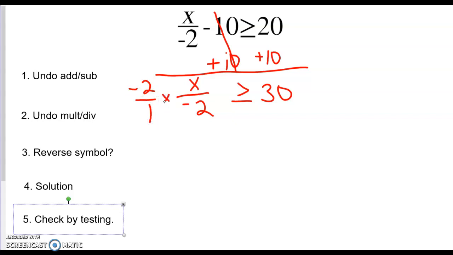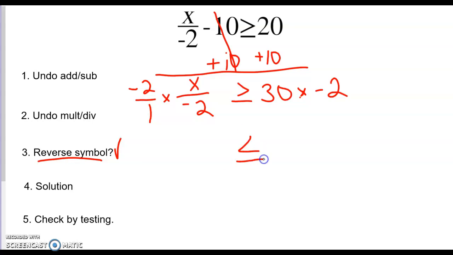That's what I want to multiply by. Okay, am I going to have to reverse my symbol? Yes, because I'm multiplying by a negative. So instead of greater than or equal to, I'm going to change that to less than or equal to. Okay, x is less than or equal to 30 times negative 2, negative 60.